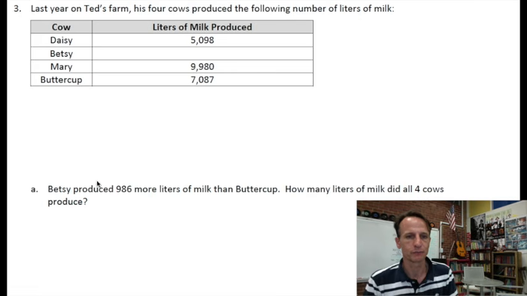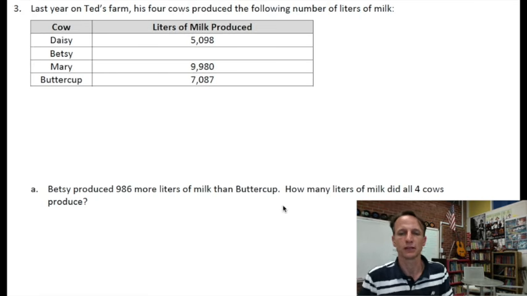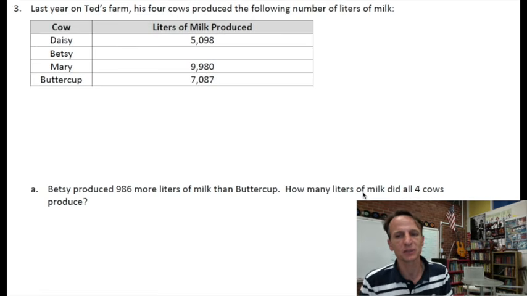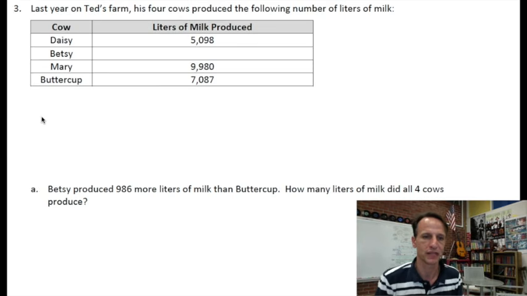So Betsy, now we're getting some information about her, produced 986 more liters of milk than Buttercup. Okay, so that gives us a clue on Betsy. But the question, however, is how many liters of milk did all 4 cows produce? Well, moo.